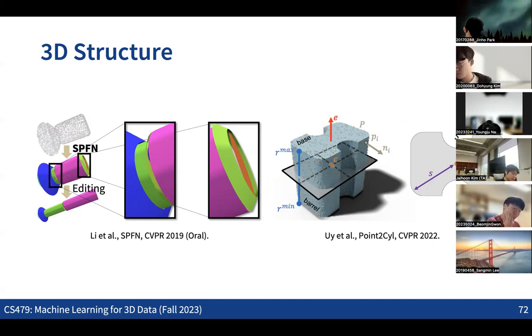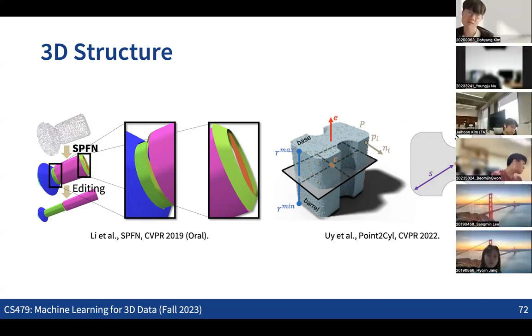But for typical 3D generation and reconstruction, we do not incorporate this kind of structural information, which can actually be very crucial in many editing setups. So how we can incorporate structural information in the reconstruction and generation might also be a really important topic.